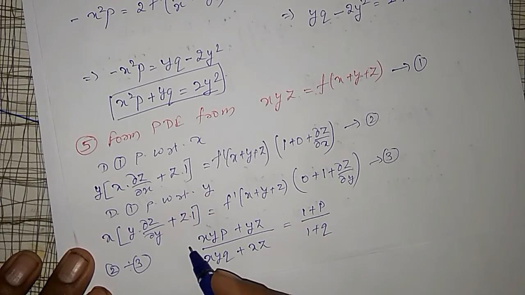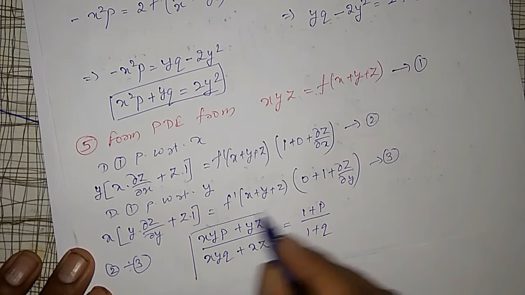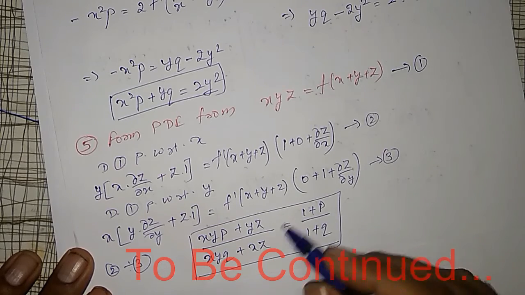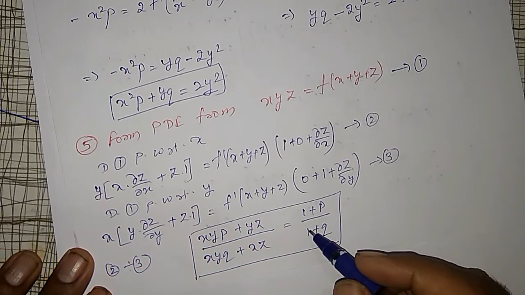This is the required PDE. You can simplify this also, or you can keep it in this form. Here f dash is eliminated in both, and this is our required PDE.